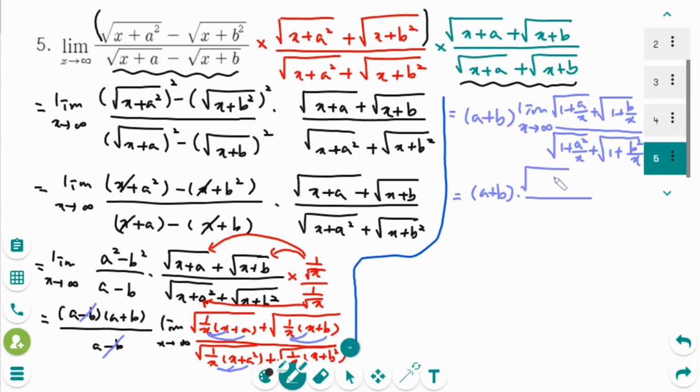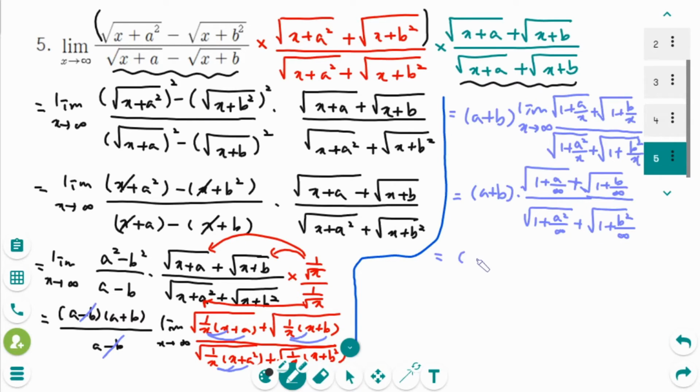Square root of 1 plus a over infinity plus square root of 1 plus b over infinity over 1 plus a square over infinity plus 1 plus b square over infinity.